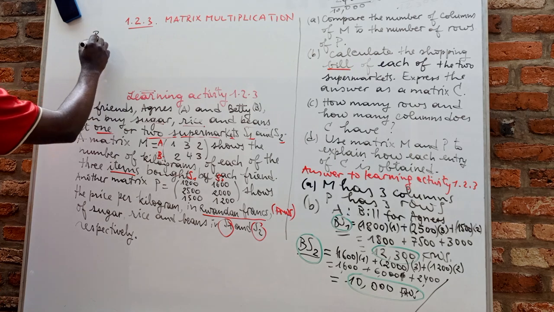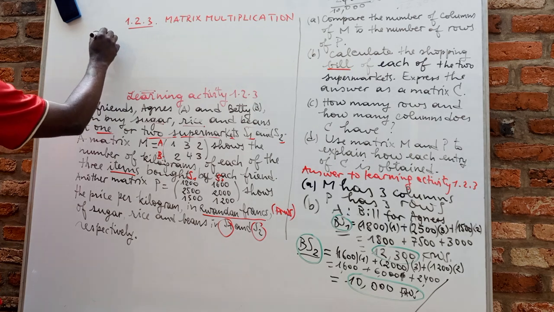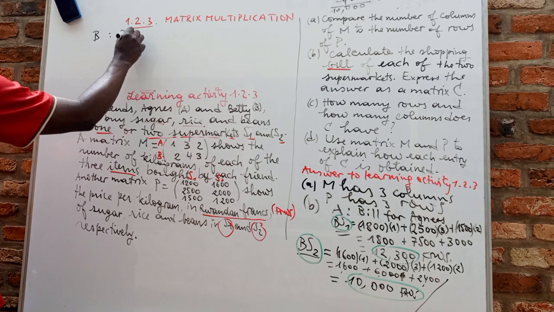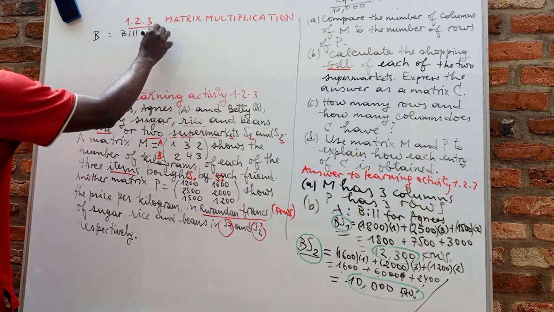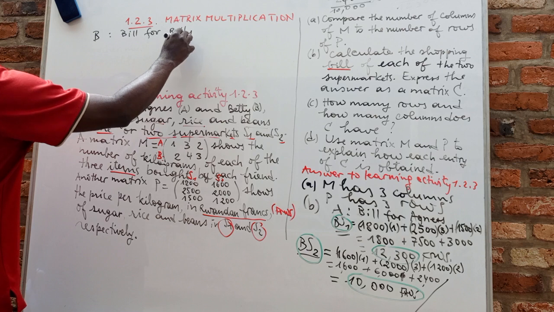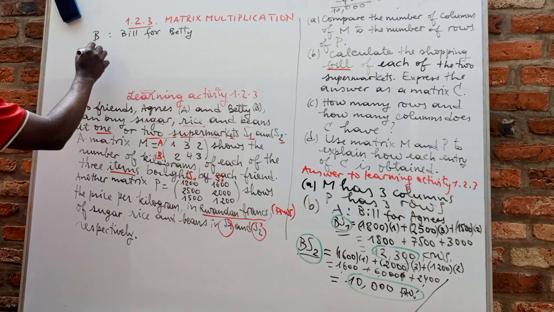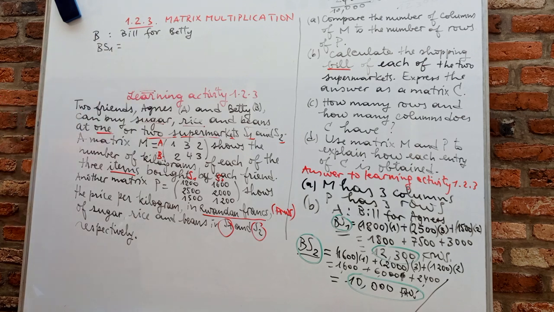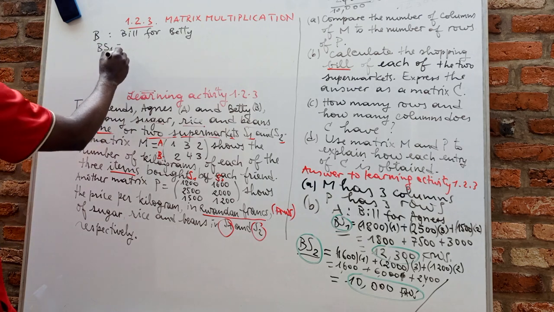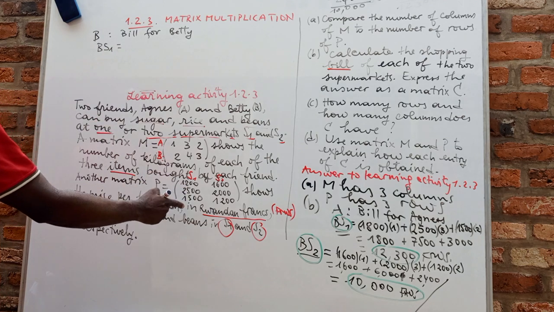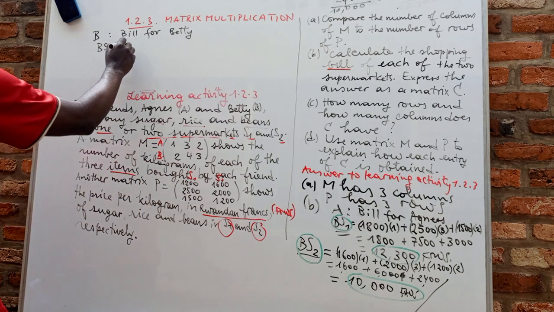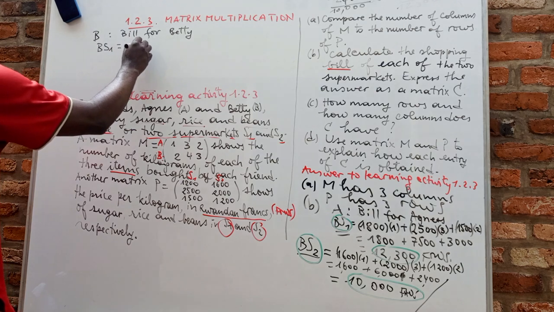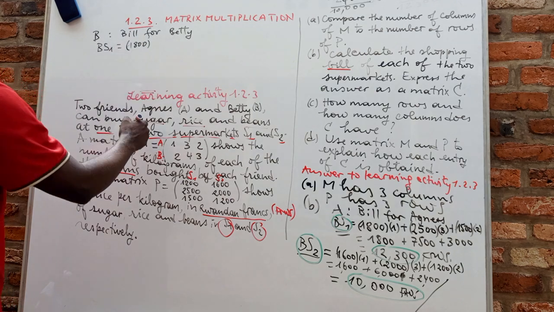Bill for Betty at the first supermarket is going to be equal to the same price per kilo of sugar.